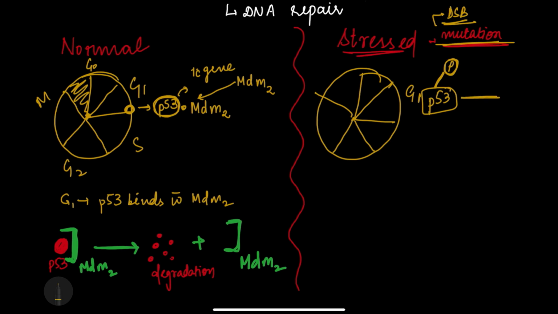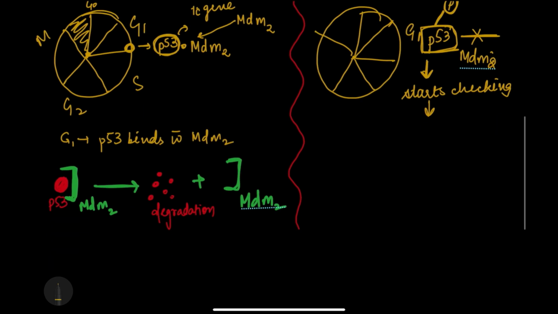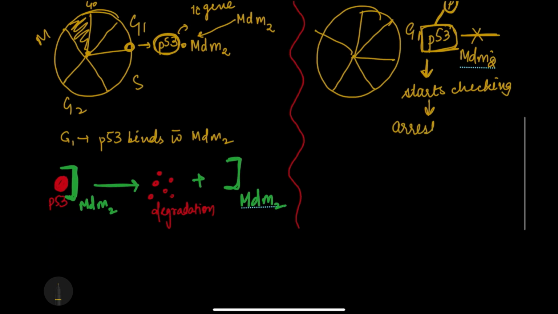So it does not bind with MDM2, right? As MDM2 and p53 binding doesn't occur, p53 doesn't get degraded, so proteasomal degradation does not occur, right? If it does not occur, it starts checking the cell cycle, and then it arrests the cell cycle at the G1 stage, right? I hope this concept is clear till now, right?